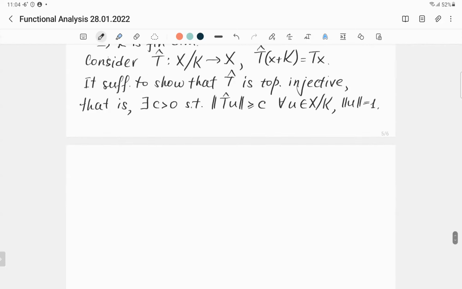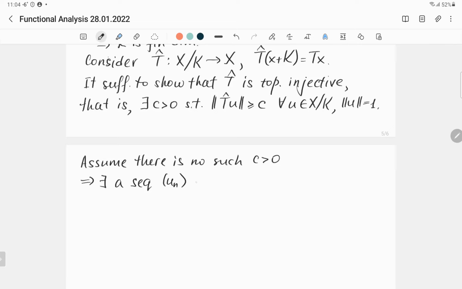And let's suppose that there is no such C. Well, this implies that we can find a sequence on the unit sphere of the quotient, denoted by un. The norm of un is 1, so it's on the unit sphere, such that T hat of un goes to 0.